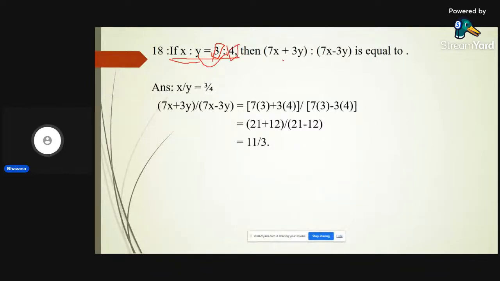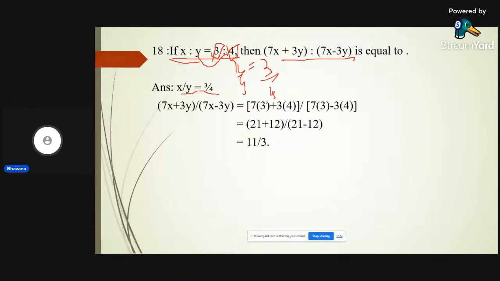So we can easily write x by y equals 3 by 4. Now, they have asked for the value of the ratio, so we have to find it by substituting the x and y values.